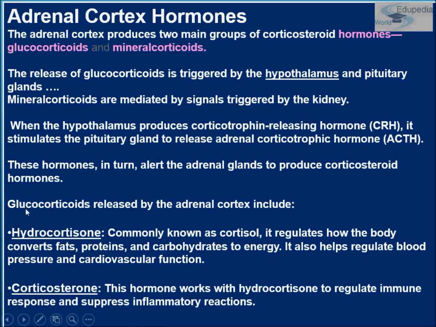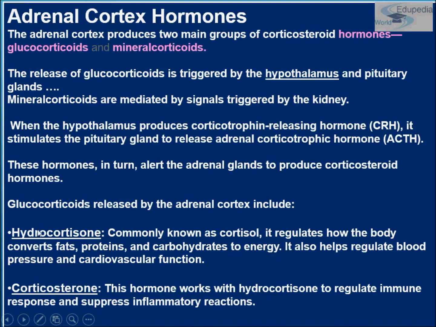Now the glucocorticoids, which are the first category of adrenal cortex hormones, released by the adrenal cortex include hydrocortisone and corticosterone. Hydrocortisone is commonly known as cortisol. It regulates how the body converts fat, protein and carbohydrate into energy.